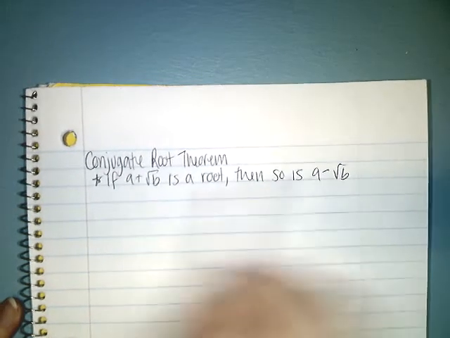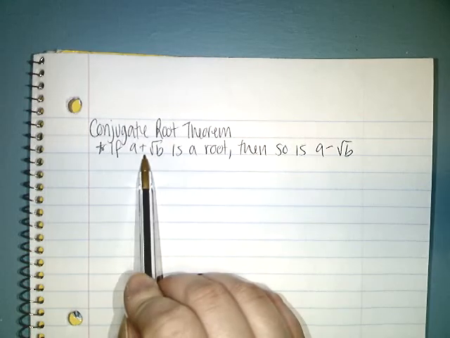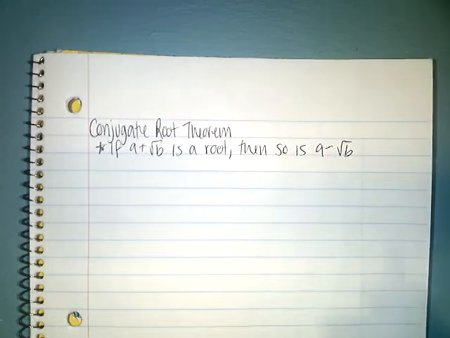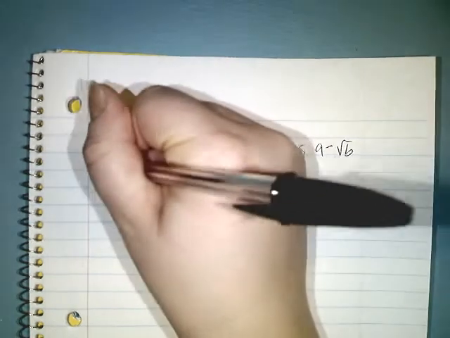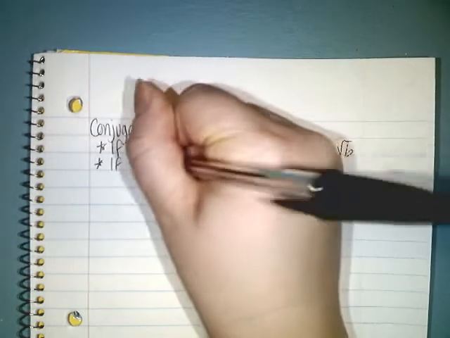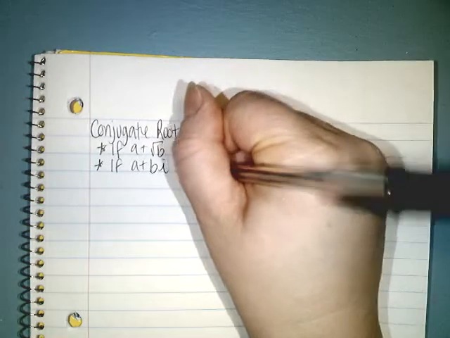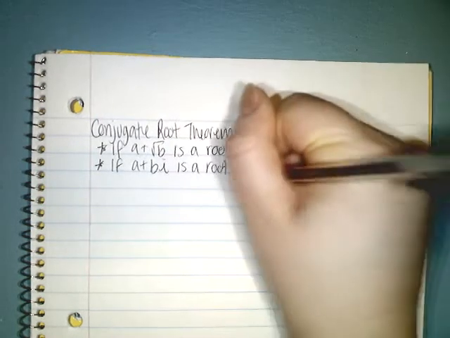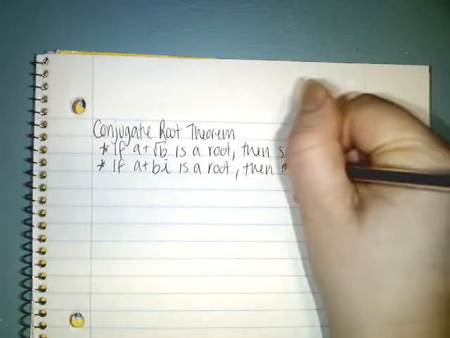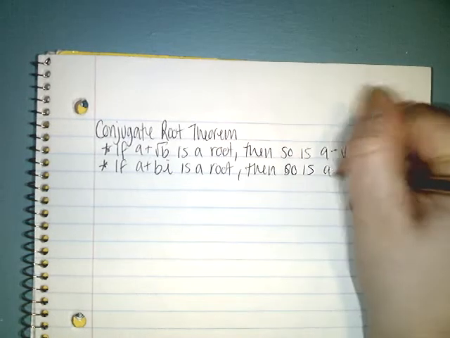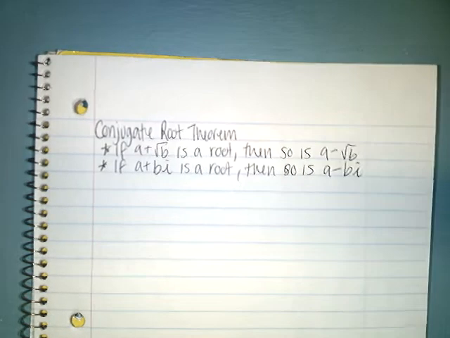So conjugates are always going to be roots, so if you have a positive one, then the conjugate would also have to be a root. This is similarly true for imaginary solutions. So if a plus bi is a root, then so is a minus bi.